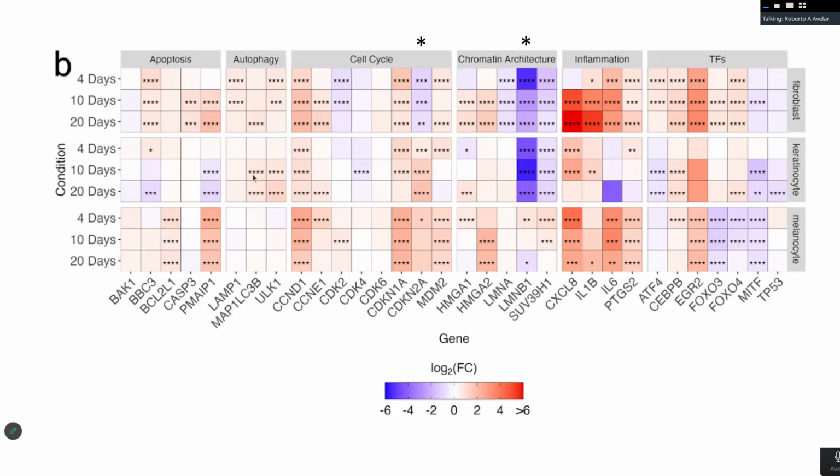We see differences in how various autophagy genes are expressed, various apoptotic genes as well, and of course the transcription factors. So in general, it seems like this heterogeneity is being driven in part by the cell type and how long since the stressor has been perceived by the cell.